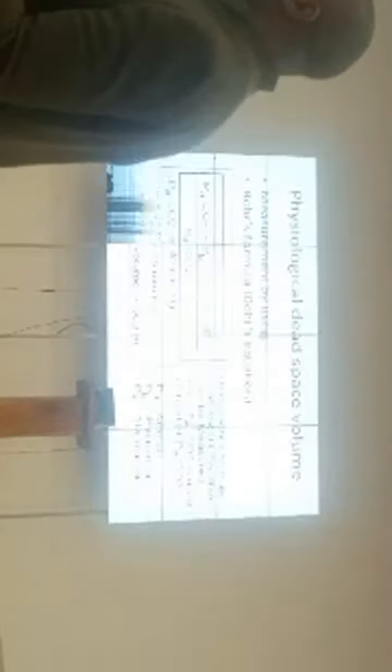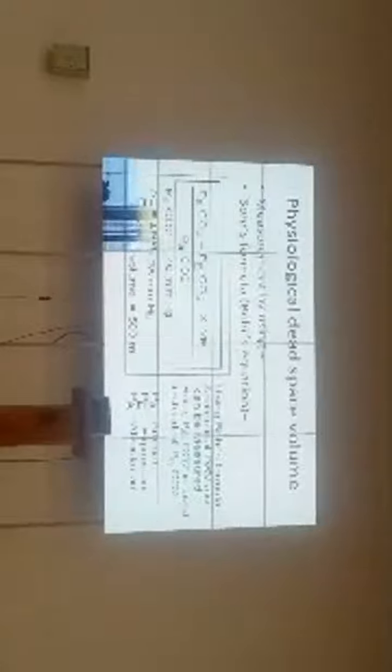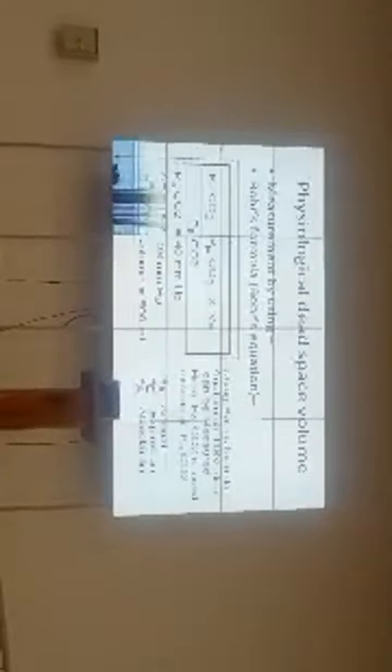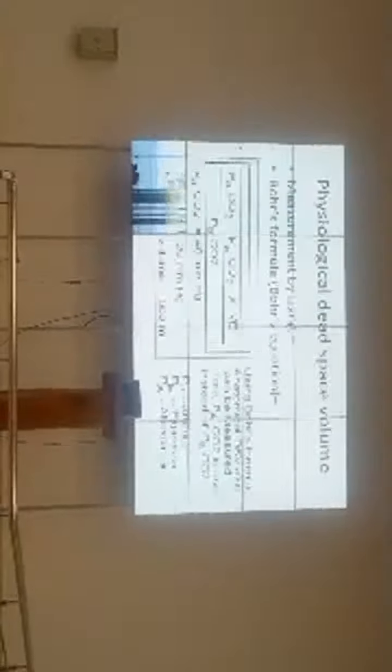We can measure the amount of oxygen in the blood, and we can measure the amount of oxygen in the alveoli. So that's how we came up with the Bohr's equation. It also helps us calculate how much dead space there is, how much air we breathe in but don't use for gas exchange. So we have this equation called Bohr's equation.